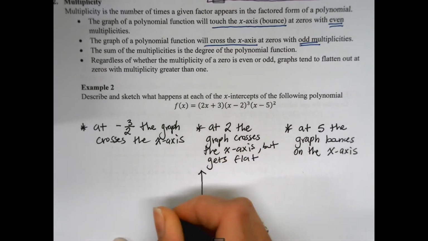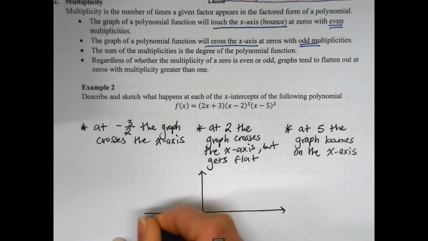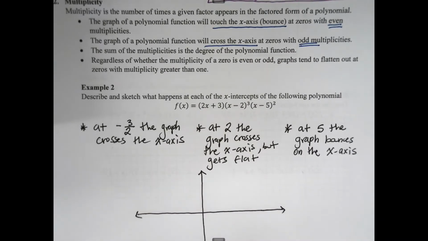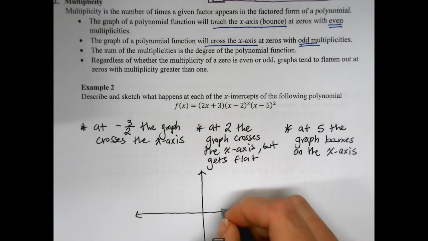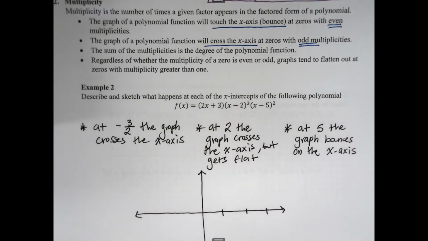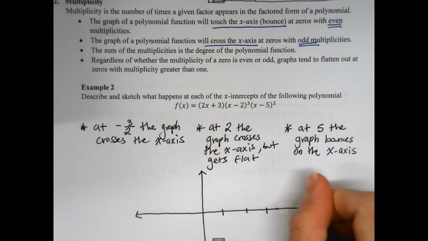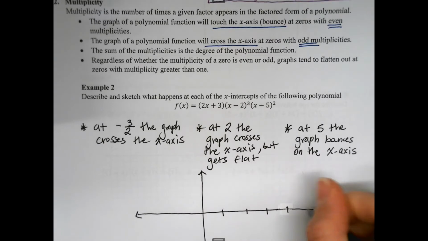So we were kind of to think a little bit about what's going on here on this graph. Let's see. 1, 2, 3, 4, 5.